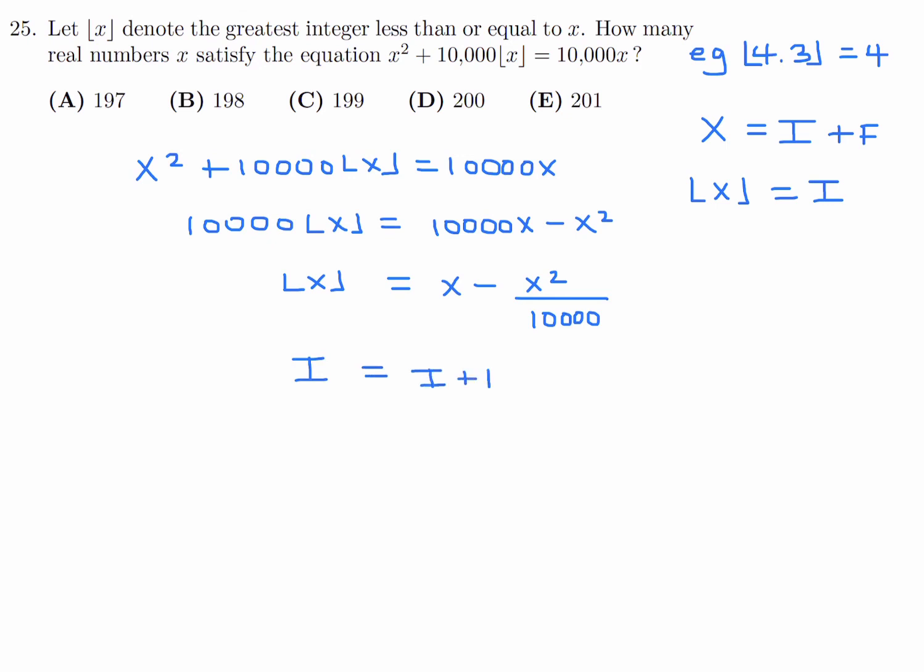So substituting that in here, this becomes I plus f, and this is just, I'll just leave it as x squared over 10,000 for now. Now the i's cancel on both sides, and therefore if I bring the x squared over, I get the fractional part is equal to x squared over 10,000. Now the fractional part, obviously, is between 0 and 1.